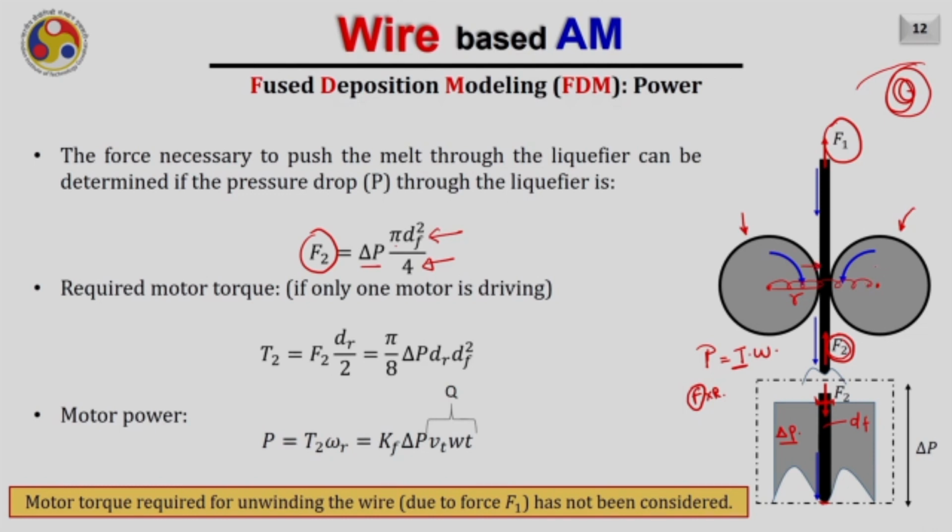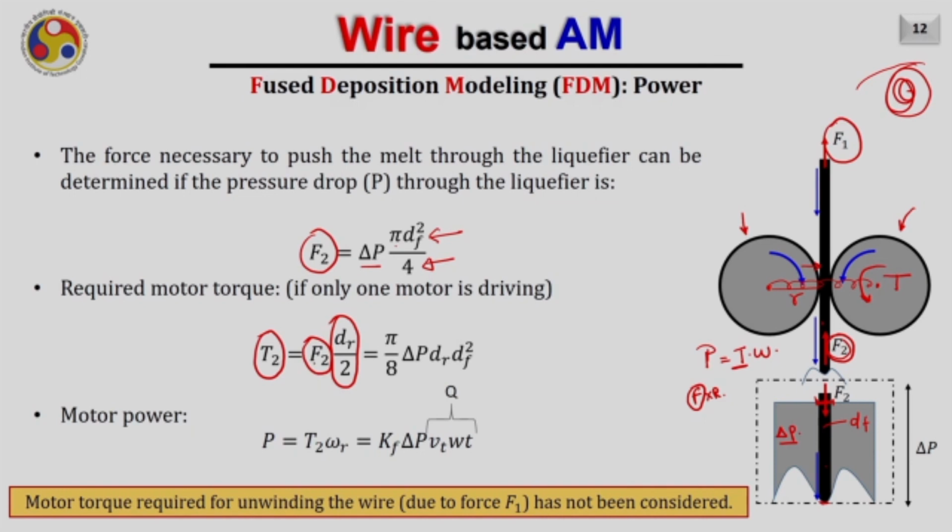Now if the motor is rotating, the required torque will be T, and that torque will be equal to the force required to push the wire against the liquefier multiplied by the radius of the roller, that is dr by 2.